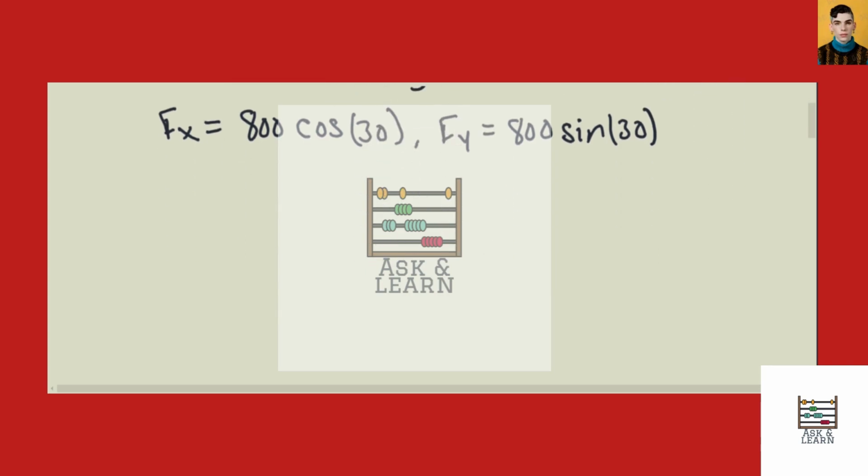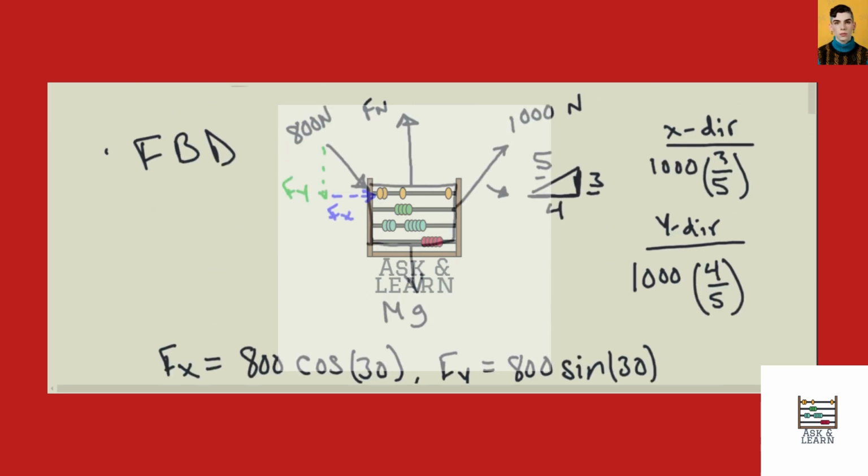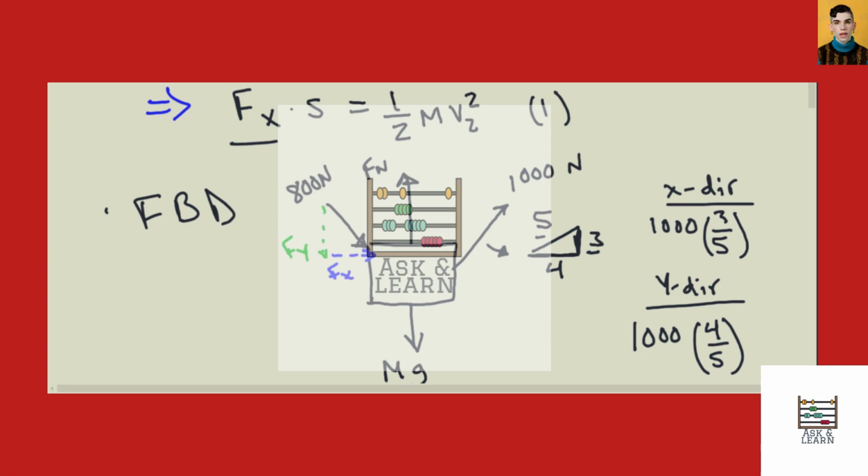So now we can find the forces in the x direction. So looking back at the diagram, if we say going up and to the right is positive, then in the x direction, on the right side we have the 1,000 times 3/5, and then on the left side we have the F of x. And we also have the force due to friction, and that's always the opposite of the movement.